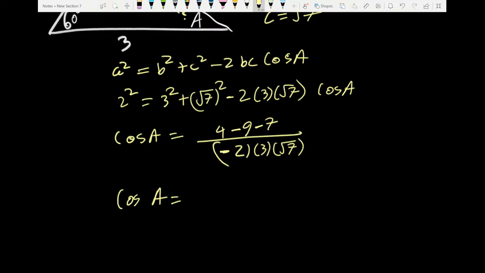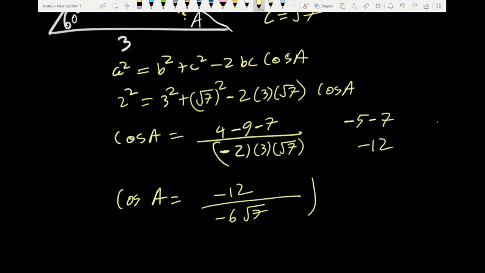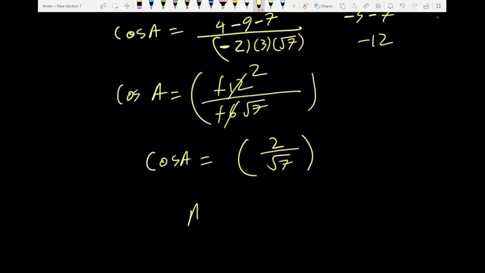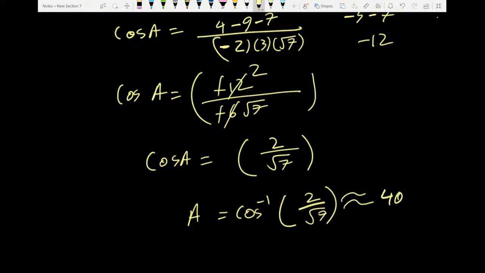So cosine of A would be 4 minus 9 is minus 5, minus 7 is minus 12. So I get minus 12 over minus 6 square root of 7. Cancels out. So cosine of A equals 2 over root 7. So A equals cosine inverse of 2 over root 7. And approximately, you get 40.9 degrees.